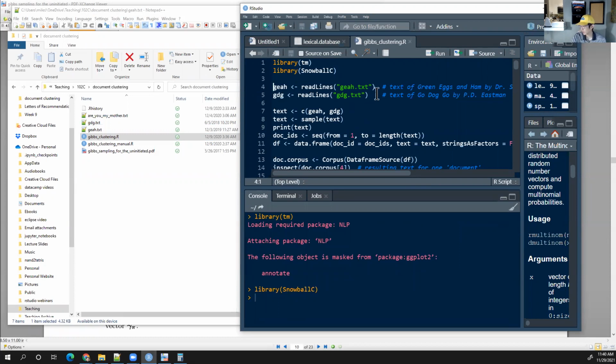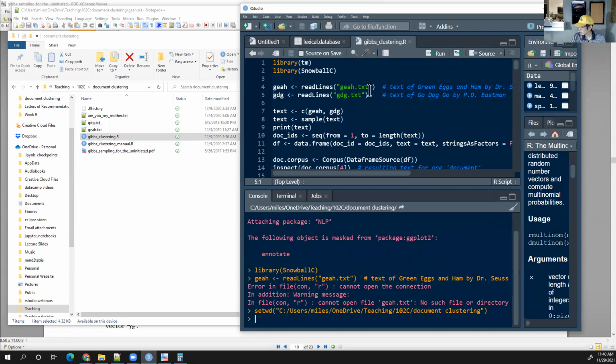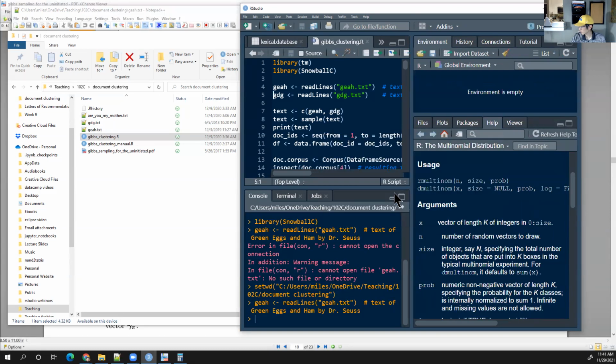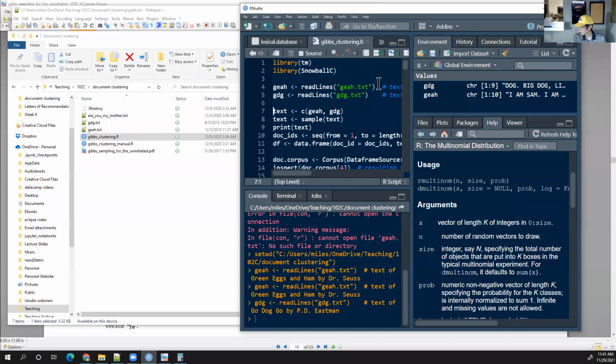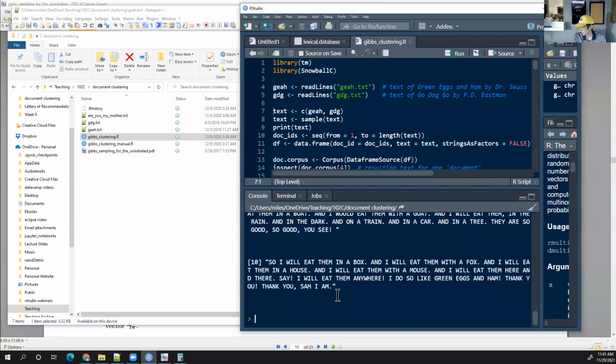I'm going to read in the words. So it's a vector with all of these words, and I'm going to combine them together.